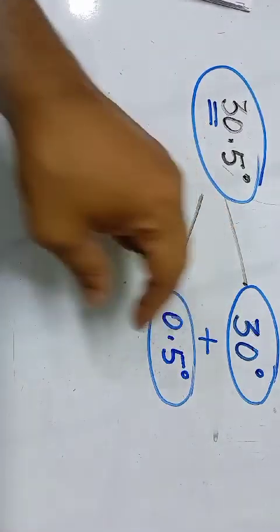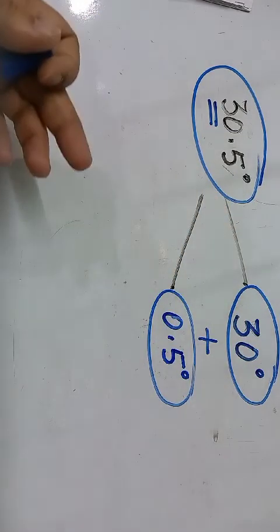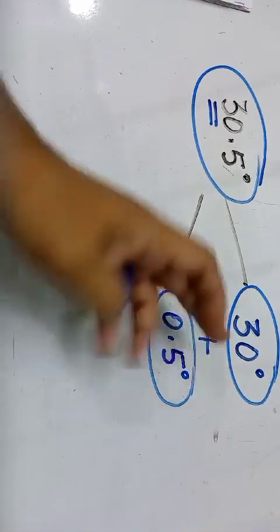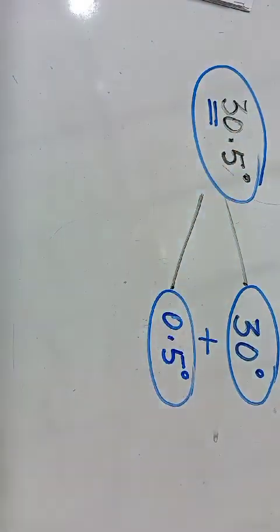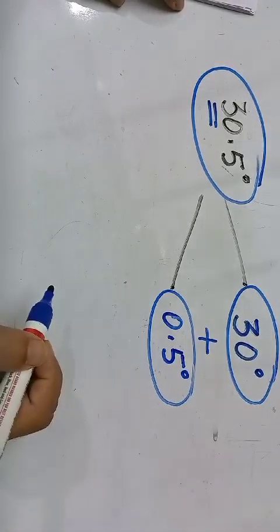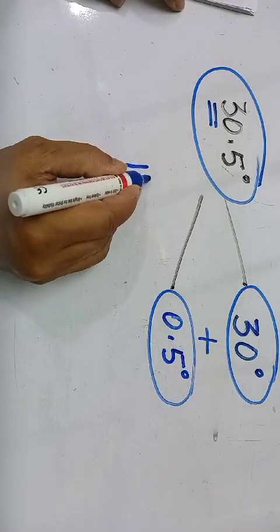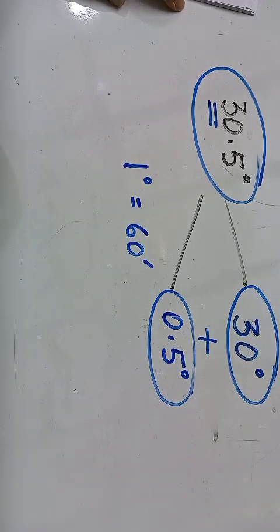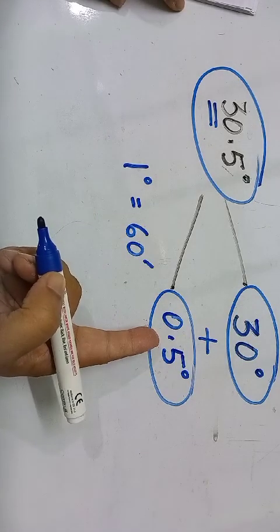Okay, now the reason why I split this like this is so that you understand this part clearly, because this is something that you already know. 30 degrees, that's a standard angle. So what is this extra that we have? Now if you remember, just now I had discussed that each degree is equal to 60 minutes. Okay, so how much degree is this?